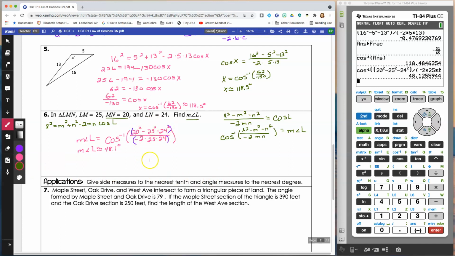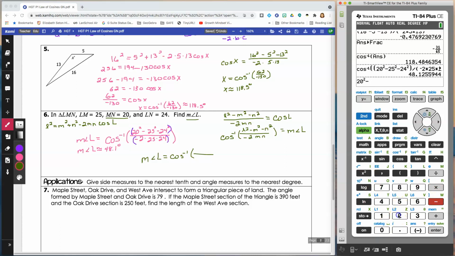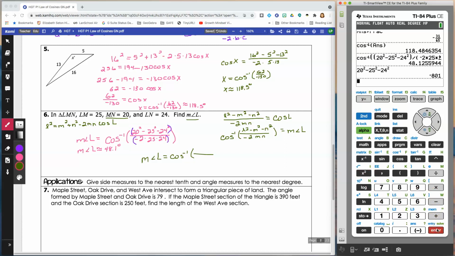Go ahead and simplify your numerator. So we know the measure of angle L is equal to the inverse cosine of 20 squared minus 25 squared minus 24 squared. I'm going to simplify my numerator: negative 801.